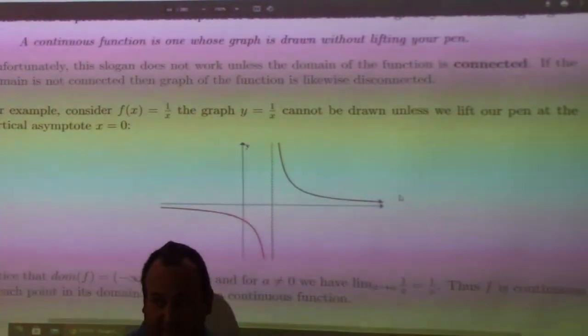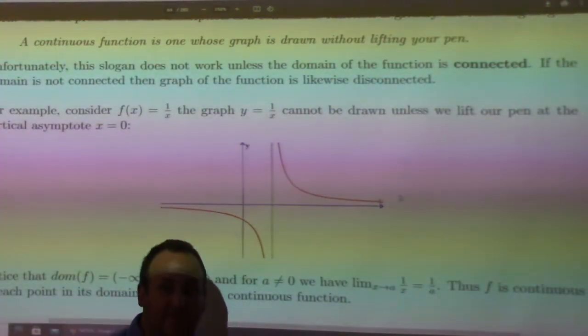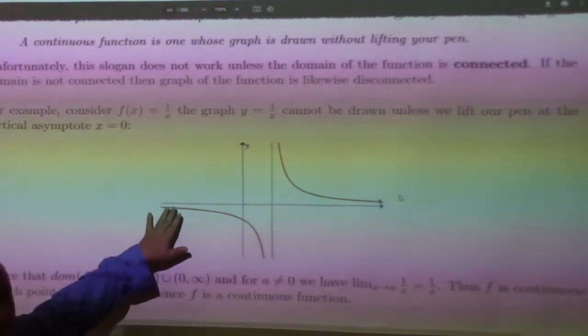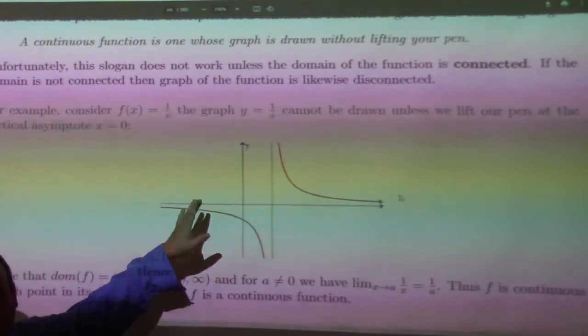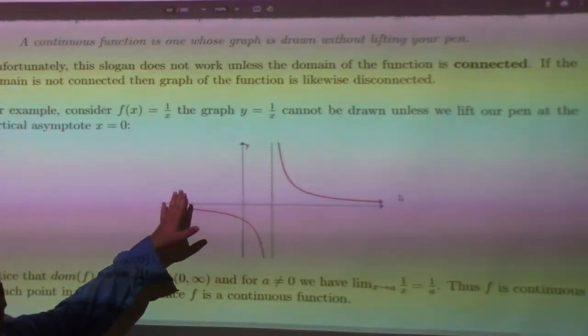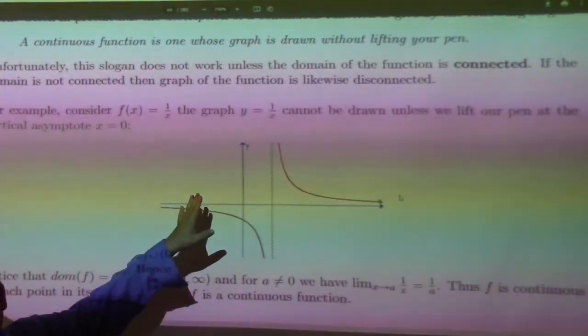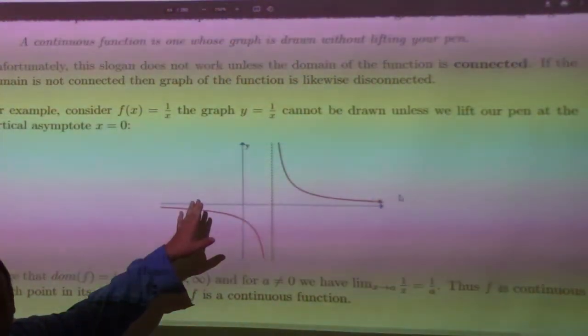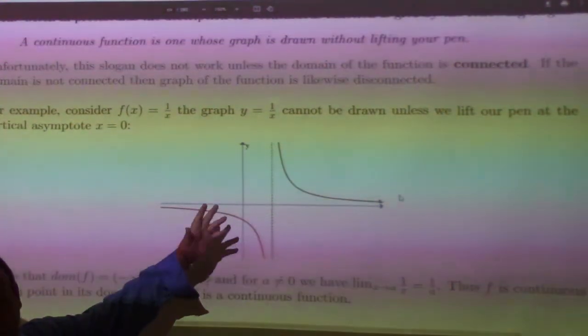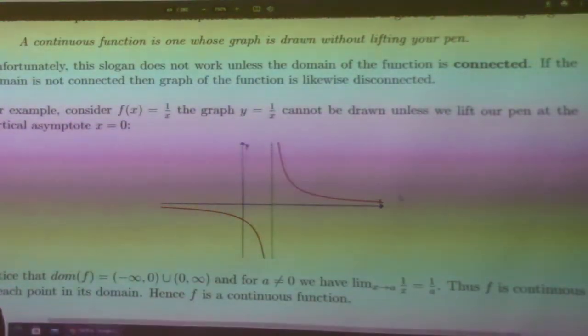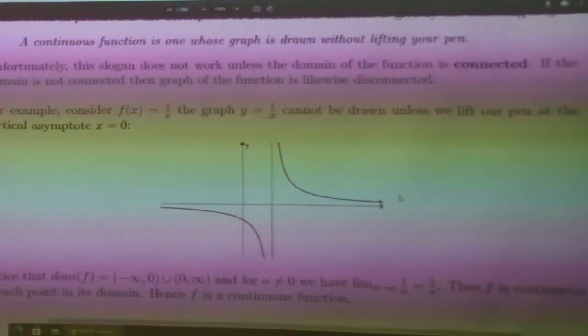Therefore, this is a continuous function. However, its graph you cannot draw with one single stroke, because there's a vertical asymptote. So this slogan that you can always draw the graph of a continuous function with one single stroke of your pen assumes a connected domain. In other words, we lie to people in pre-calculus, but don't tell them, okay?